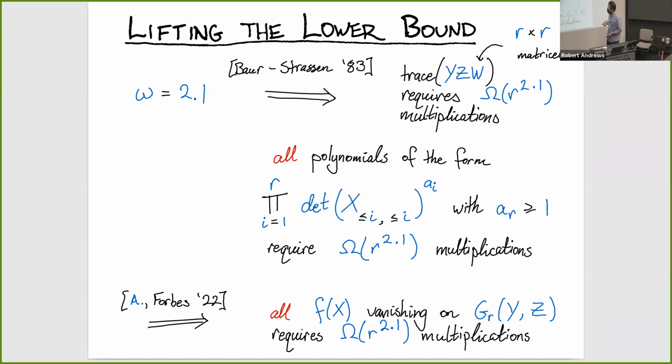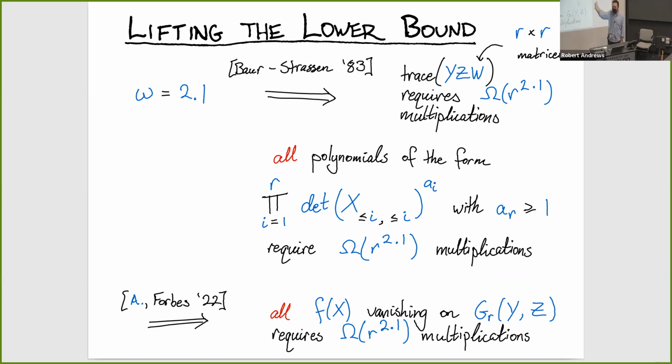And what is that structure? Well, we can assume that our polynomial that we're trying to prove a lower bound for is a product of determinants. And in fact, it's a very special product of determinants. Every determinant in this product comes from an upper left submatrix, right? So for some integer i, I take the first i rows and i columns of my matrix, and I take the determinant of that.